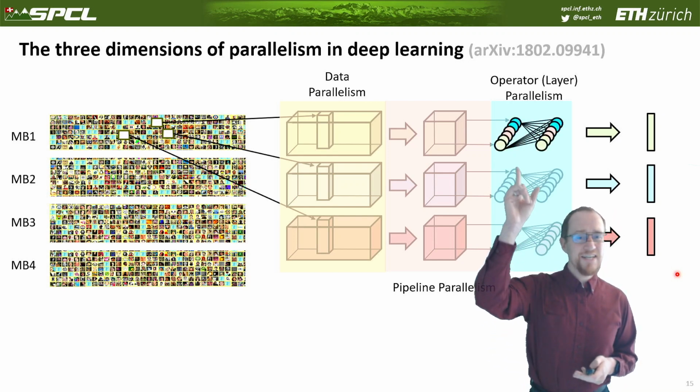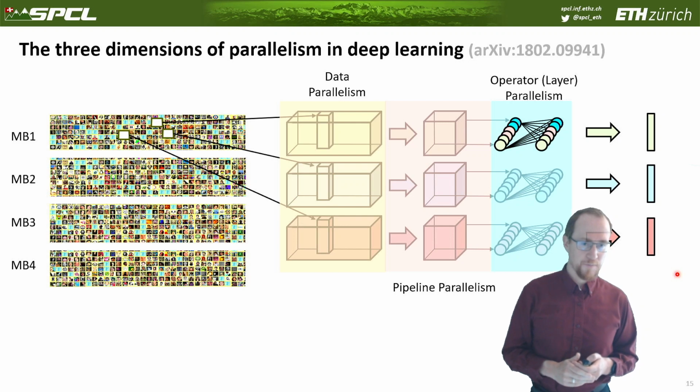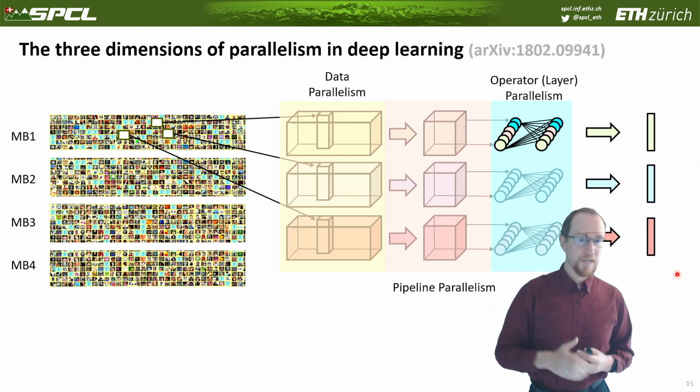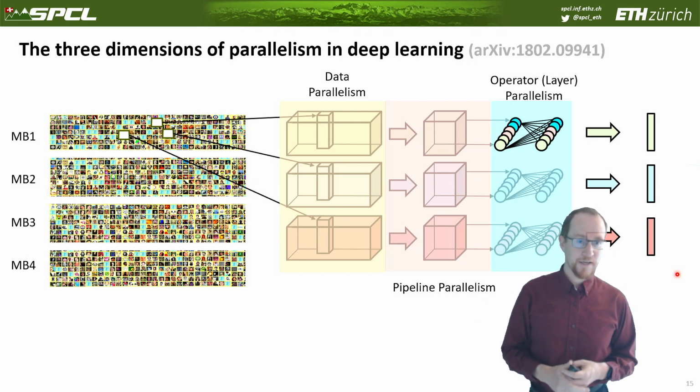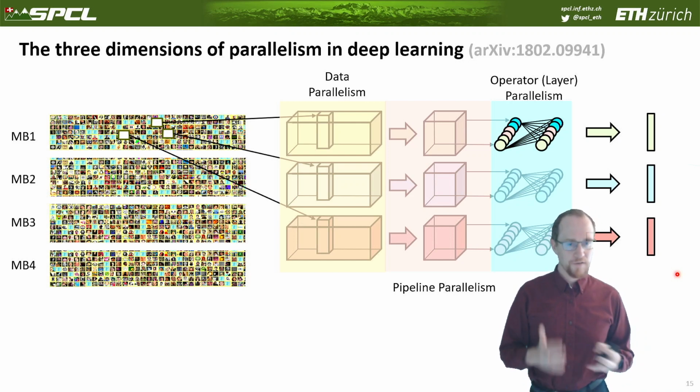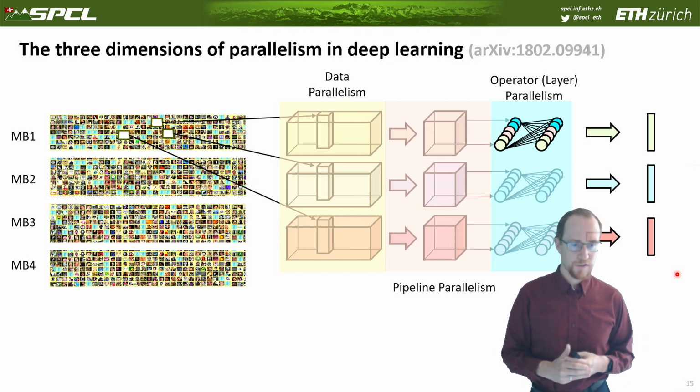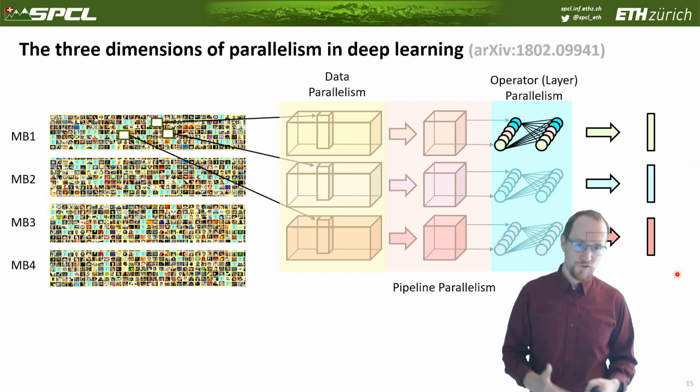Well, in a single operator, like this one we see on top here, it distributes the computation of that operator. So here we are having the last layer of a ResNet style or of a CNN style deep neural network. The last layer is typically a matrix multiplication, kind of a modified matrix multiplication, but very similar in communication properties. So we're just distributing that matrix multiplication to multiple accelerators.